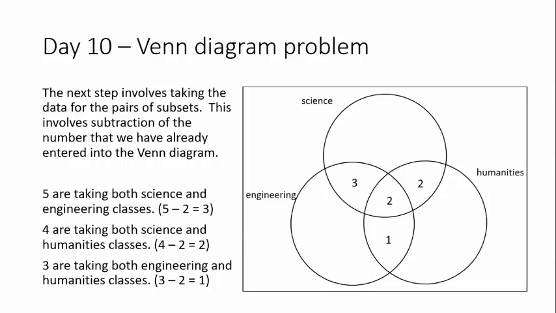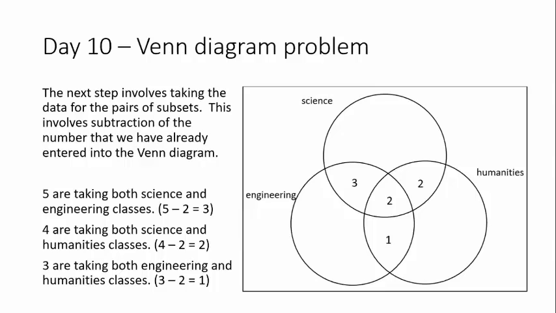And so we have to have a total of 5, so 2 have already been placed there, and 5 minus 2 is 3, so we're going to put a 3 there in the intersection of science and engineering. It's just the overlap of the 2 and not in the overlap of all 3 rings. So you have to do some subtracting in order to find the number that goes in that spot.